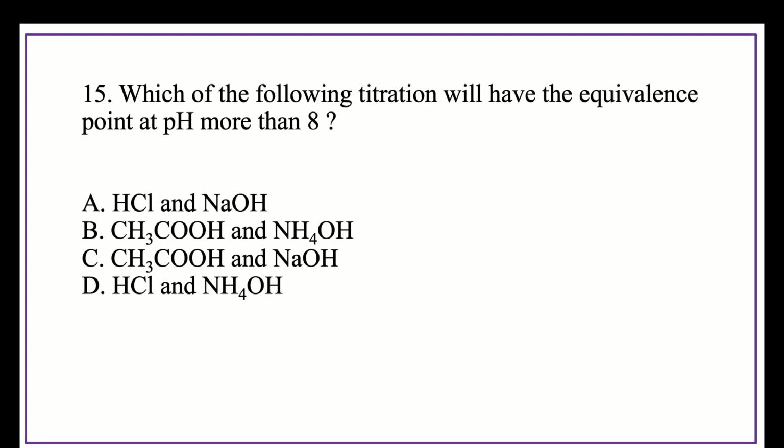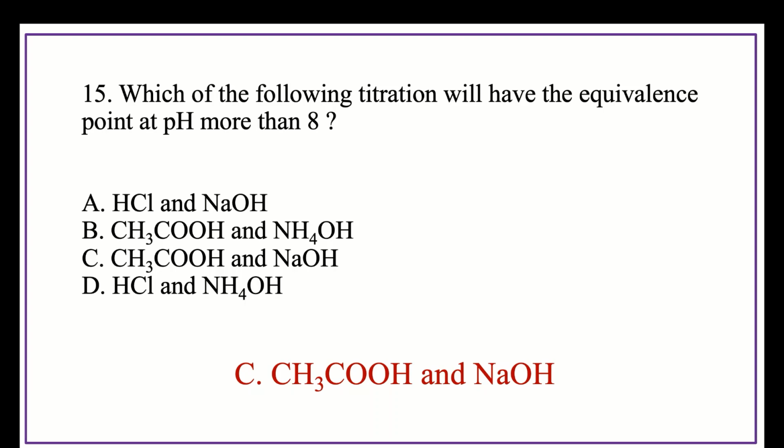Next question. Which of the following titrations will have the equivalence point at pH more than 8? HCl and NaOH, acetic acid and ammonium hydroxide, acetic acid and NaOH, or HCl and ammonium hydroxide. So pH more than 8 means a strong base is added, and it has to be a weak acid with a strong base, because if it is a strong acid versus a strong base, the salt formed is neutral.